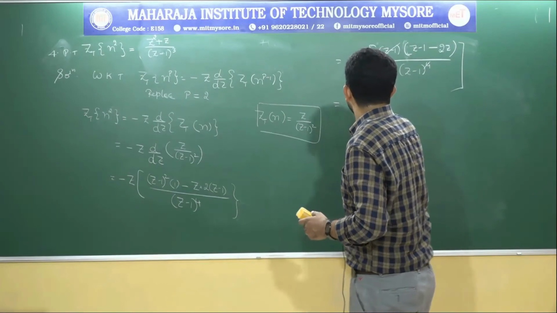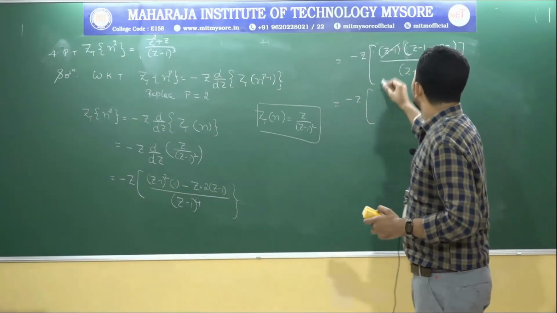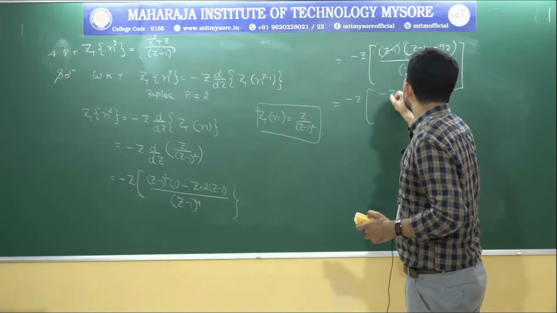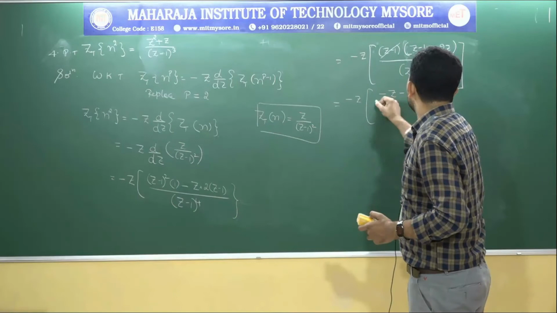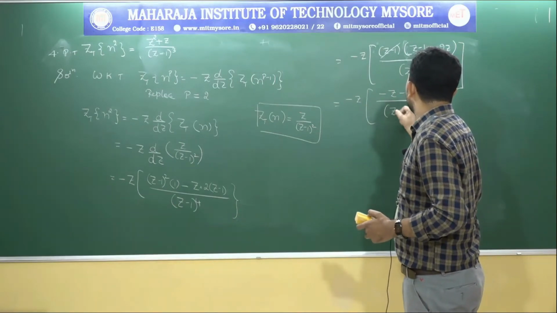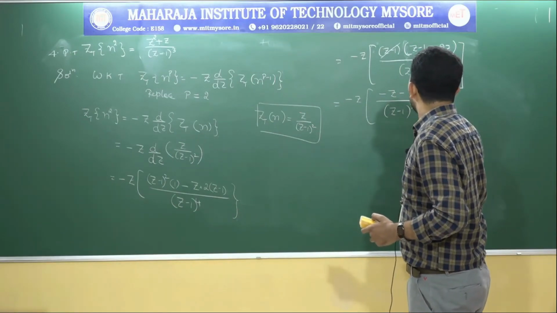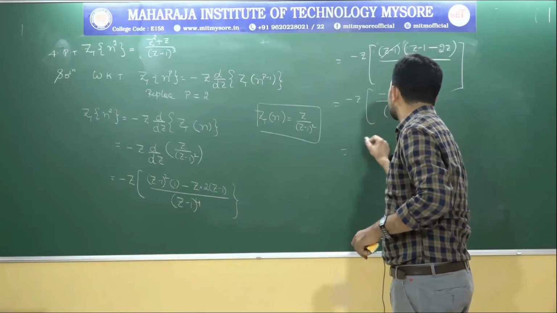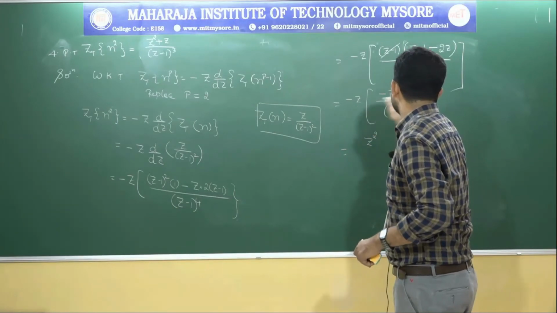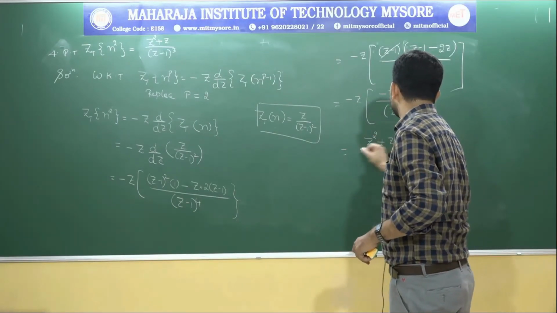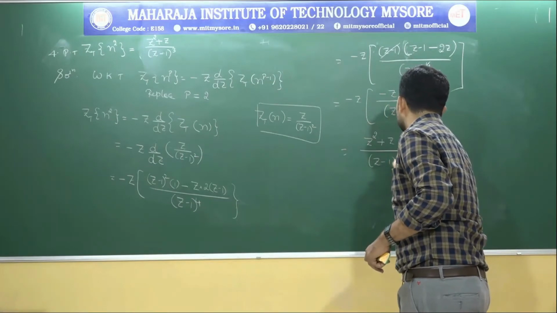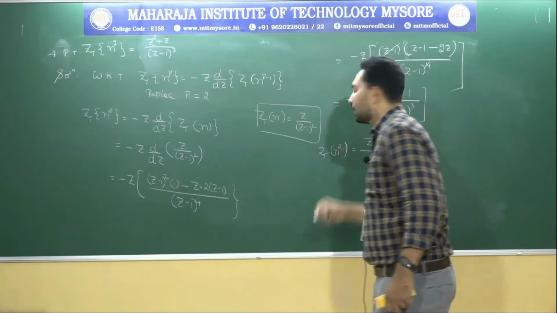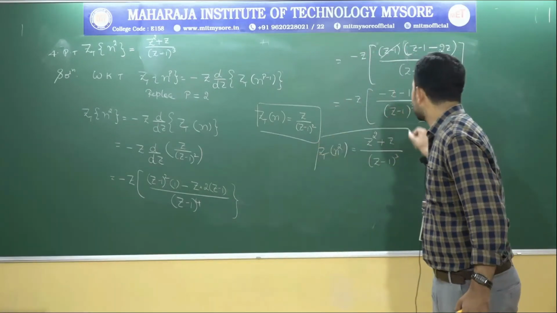So we'll get minus z into z minus 1 minus 2z. So z minus 2z is minus z, minus 1, divided by z minus 1 whole cube. So multiply this minus z inside, we'll get minus z into minus z, that is z square, minus z into minus 1, that is plus z, divided by z minus 1 whole cube.